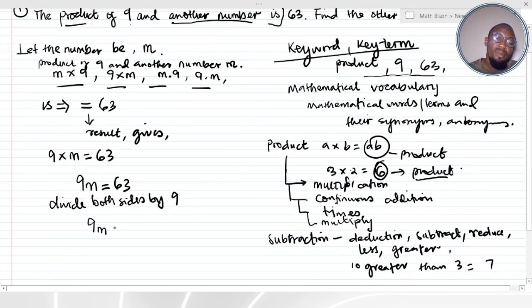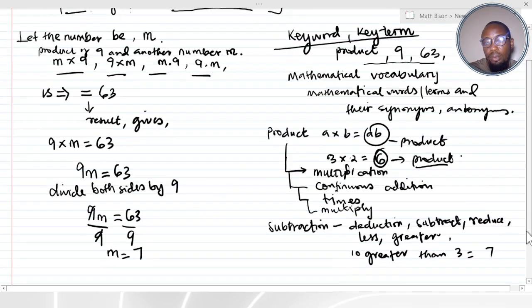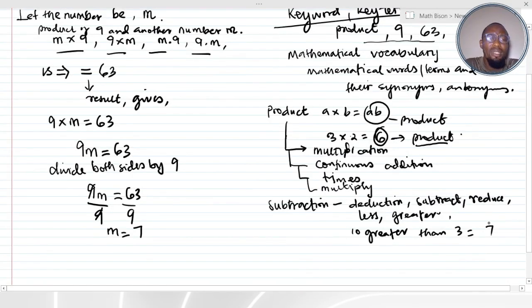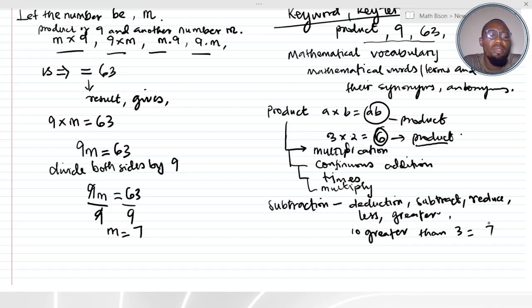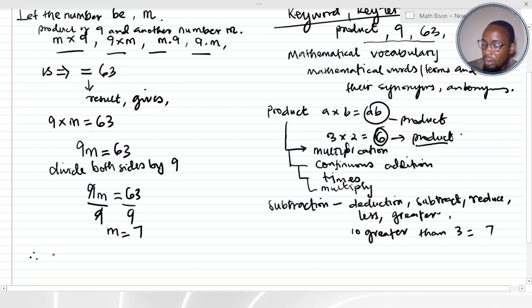So 9m equals 63. Divide both sides by 9, and you're going to have m equals what? 7. So another thing you must do in word problems is that word problems are asked in words. They are real life situations. You should also answer in words. Don't just write m is 7 and go. Therefore, the number is what? Is 7.